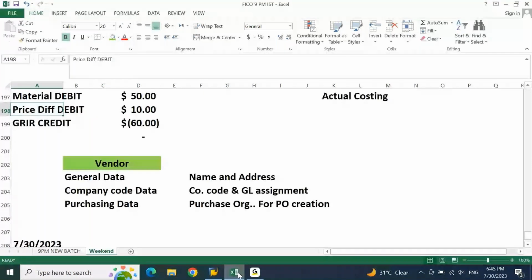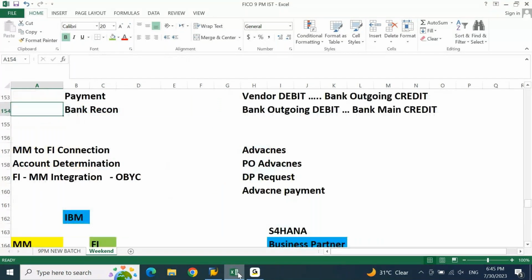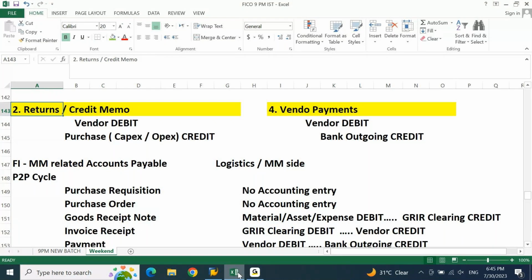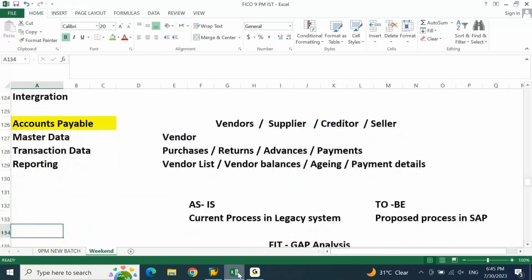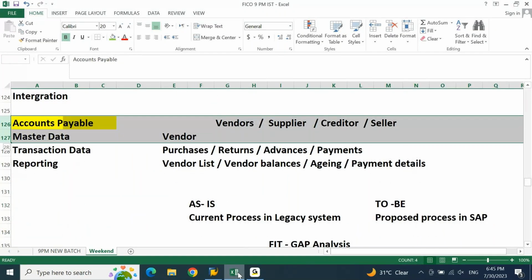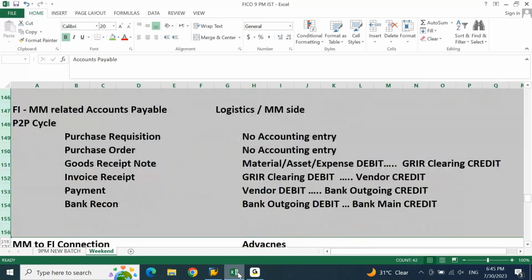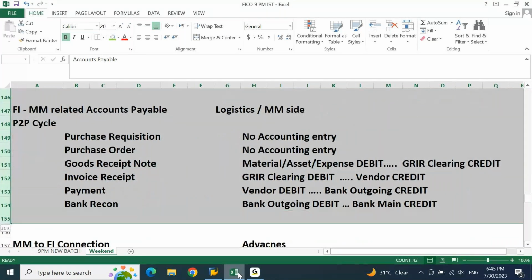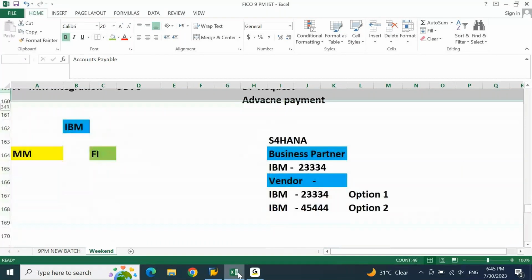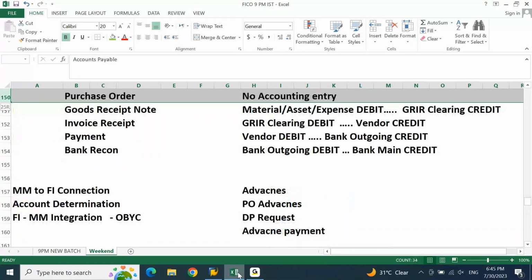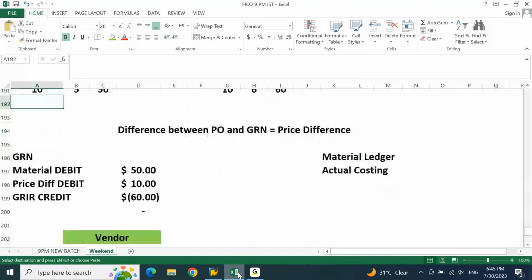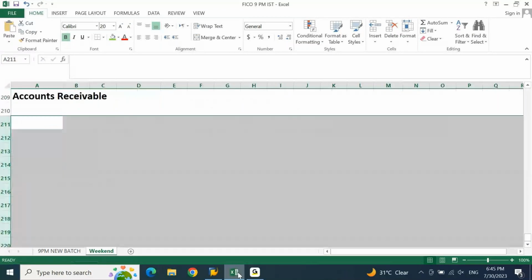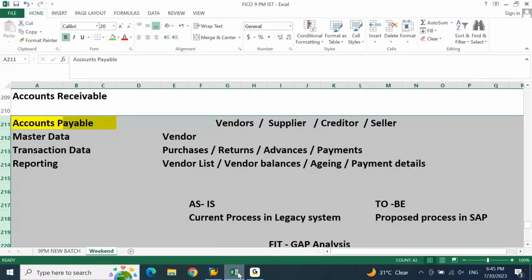So if I take back the reference of what we listed in the last session, so that you will understand what we were talking about. This is what we listed yesterday.